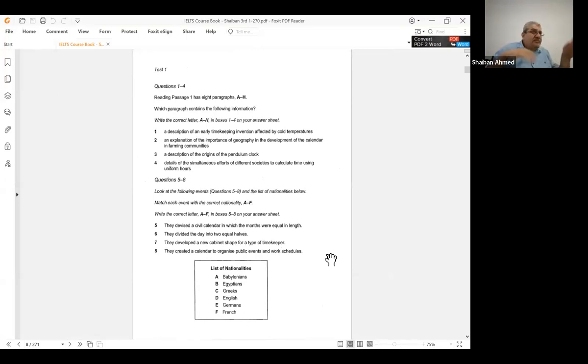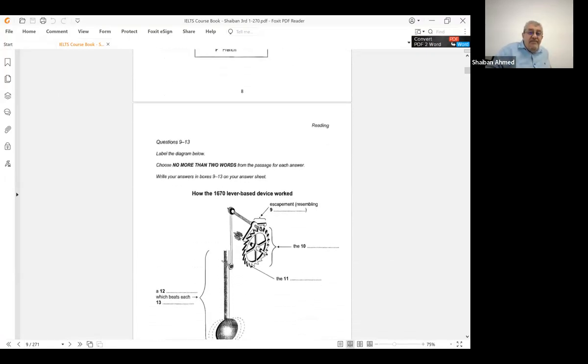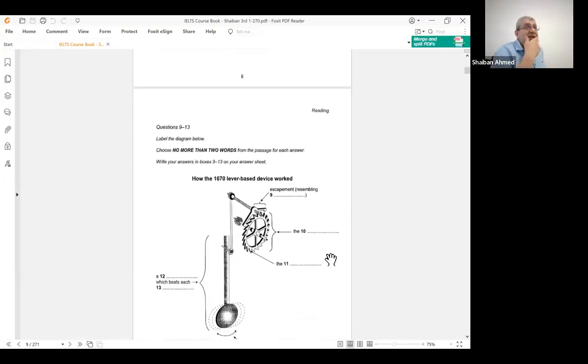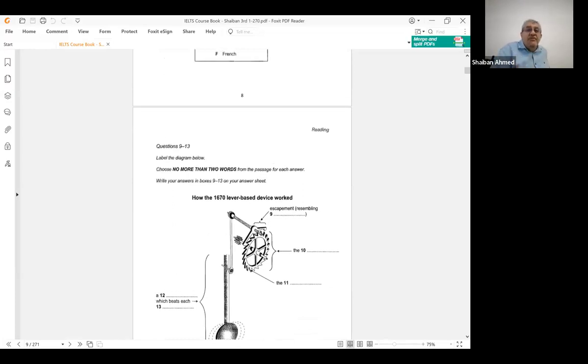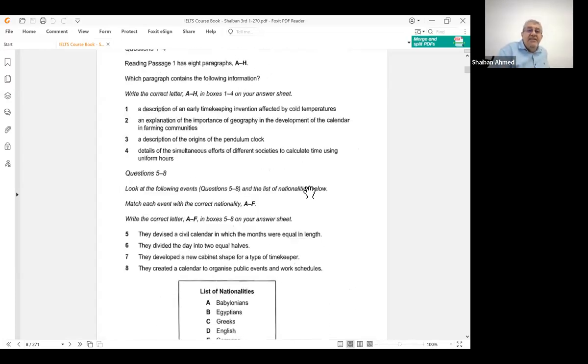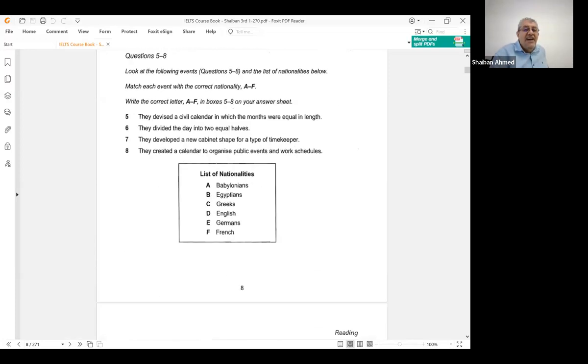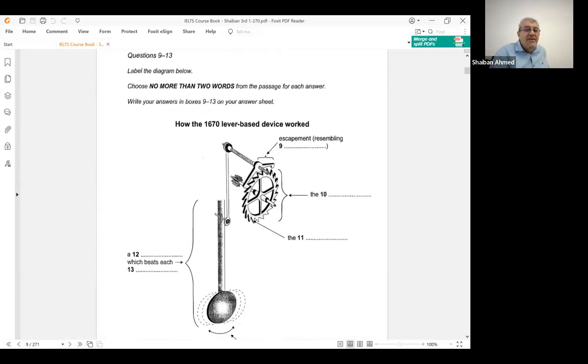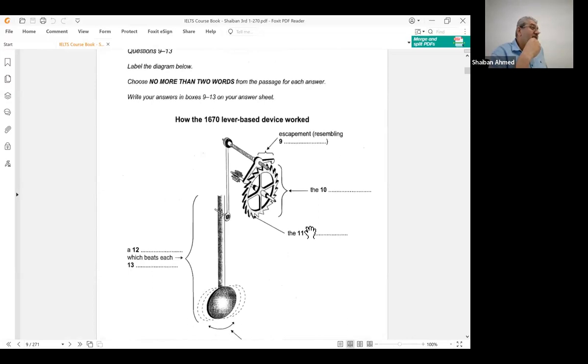Rarely, not always. Yes, and then finally you have a diagram question. Most of you started looking around, finding question 1 to question 4, then 5 to 8, and maybe you haven't got the time to finish the last part, right? The easy one.